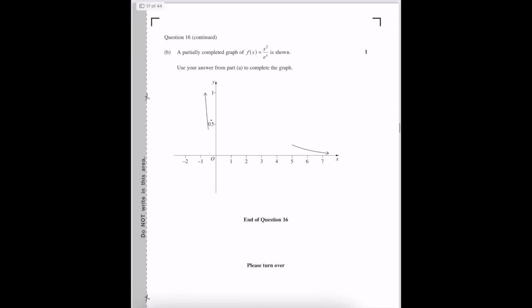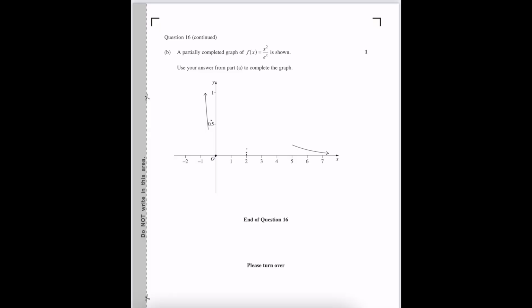Now if we put in our calculator the actual value of 4 over e squared, it is 0.54. And so that means we can just plot something like this. So this is going to be our minimum at 0, 0.